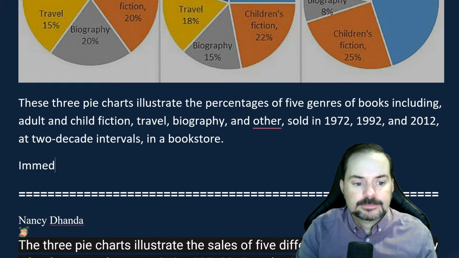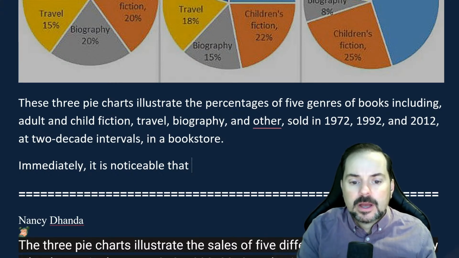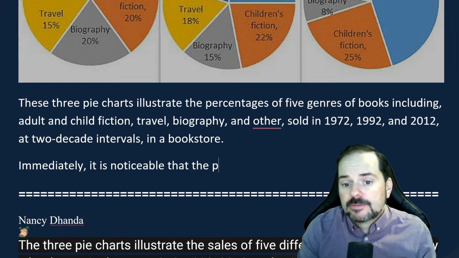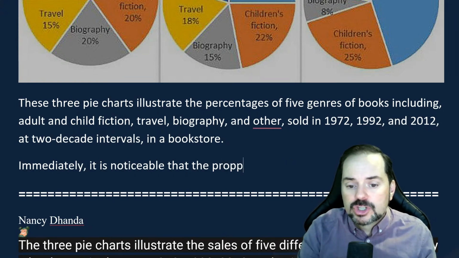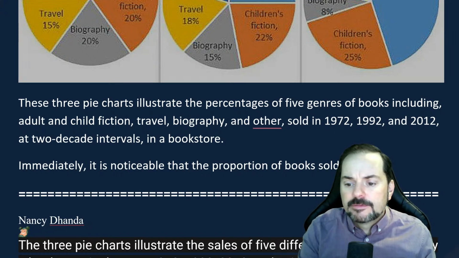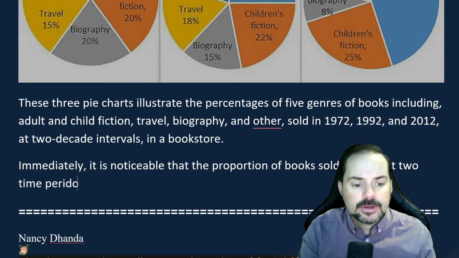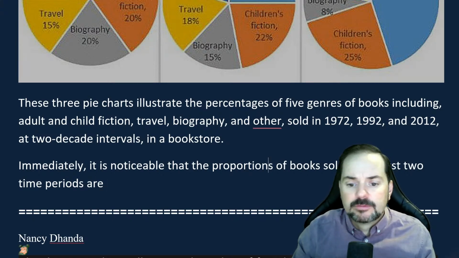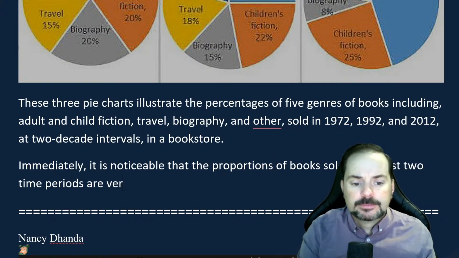So immediately, it is noticeable that the percentage, or we can use proportion if I use percentage in my introduction, the proportion of books sold in the first two time periods is very similar.